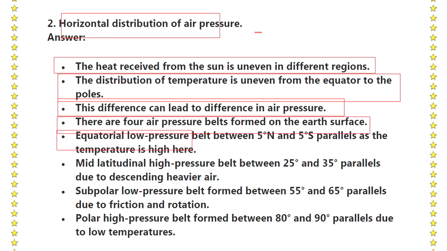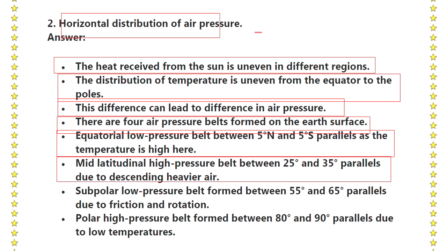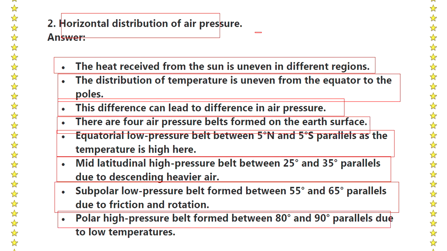Fifth point, the equatorial low pressure belt between 5 degrees north and 5 degrees south parallels, as the temperature is higher. Sixth point, the mid-latitudinal high pressure belt between 25 degrees and 35 degrees parallels due to descending heavier air. Seventh, the subpolar low pressure belt formed between the 55 degree and 65 degree parallels due to friction and rotation. Eighth, the polar high pressure belt formed between the 80 and 90 degree parallels due to the low temperatures. Okay.